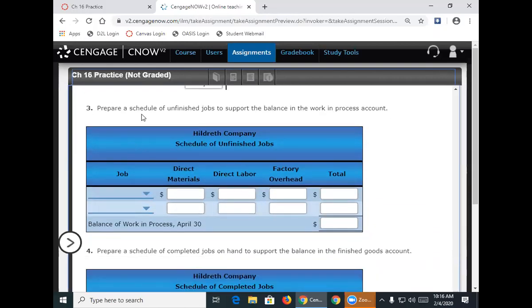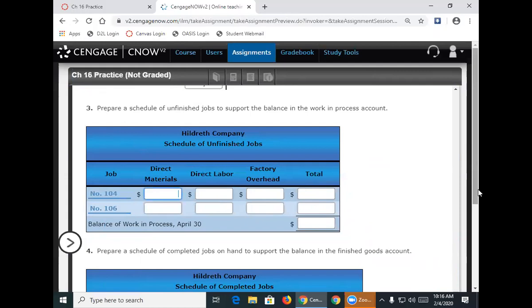All right, this is a long one. It says prepare a schedule of unfinished jobs to support the balance in the work in process account. Well, all they're saying is what two jobs are still in work in process? Very good. So I'm just showing job 104 and job 106 and their costs.